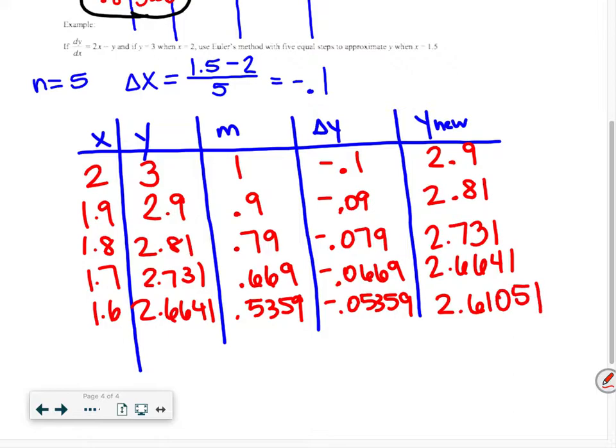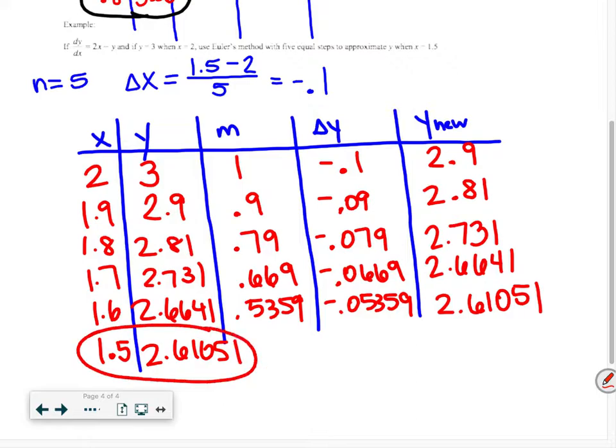If we were to move on, now I know that we've done 5 steps. Let's talk about what we have found. If we go down our chart with our x's, our next x is 1.5. Our y value is 2.61051. That is the coordinate we were going for.